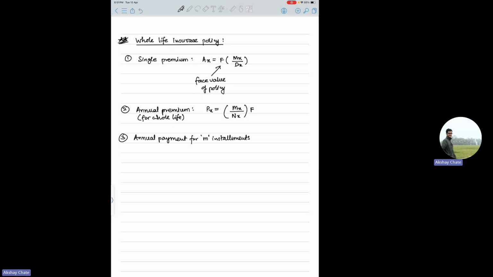So in these cases, this is called MPX, okay, and it comes out to be MX divided by NX minus NX plus M, into F. Okay. So there is a slight difference in the denominator as compared to the second formula. All of these formulas were derived in the class. Okay, so I'm not doing that again because we don't have time and it's not required.